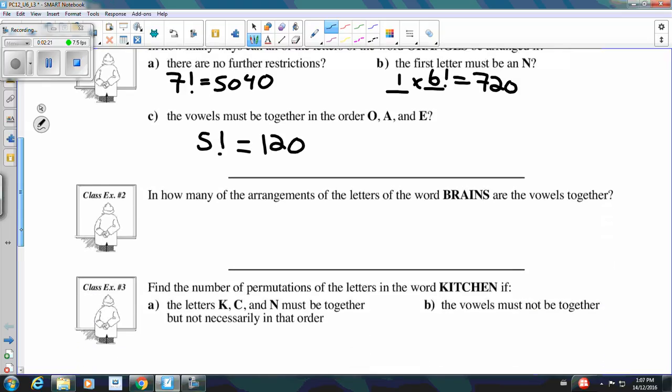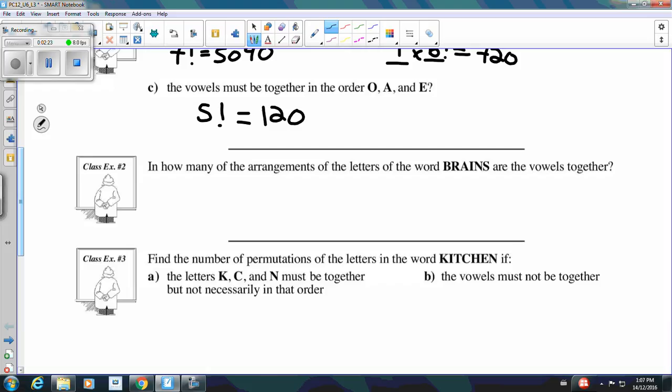But the questions get a little bit trickier. In how many of the arrangements of the letters of the word brains are the vowels together? So now it's not telling me an order of the vowels being together. It's just telling me that the vowels need to be together. So that means I have one option where I have the A first, followed by the I, and then I have the 4 other letters.